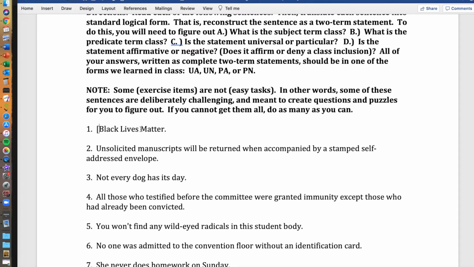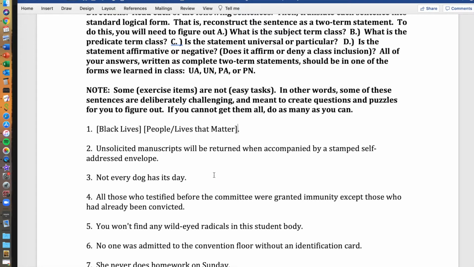So one way to do this would be to bracket the subject term and then also the predicate term. And I like to put in a noun with the predicate term if it's just an abstract idea, as it is in this case. So we could say people or lives that matter. And so we'll bracket the predicate term.